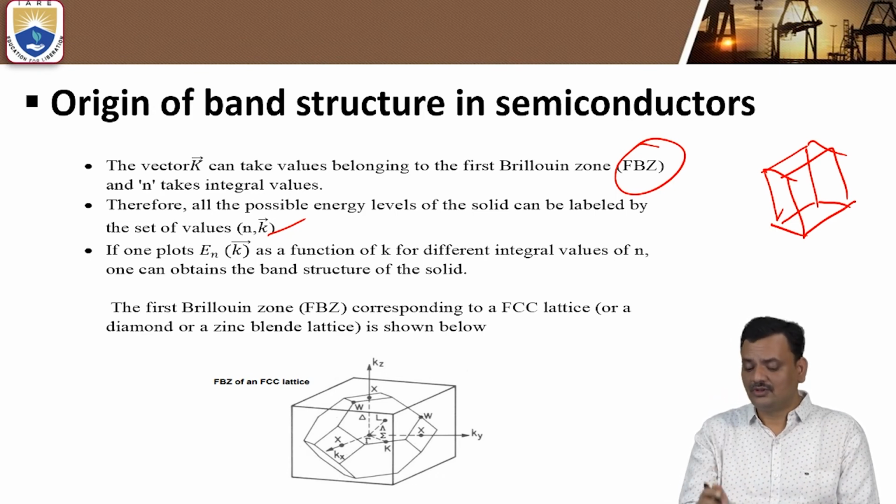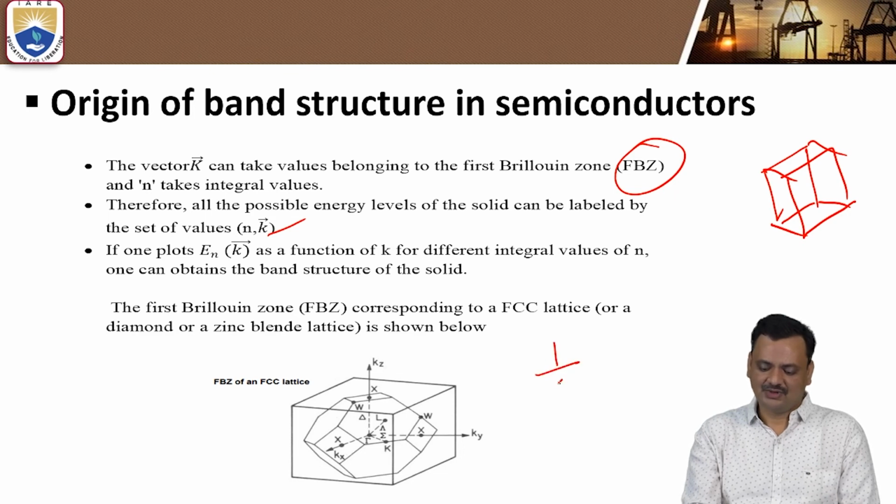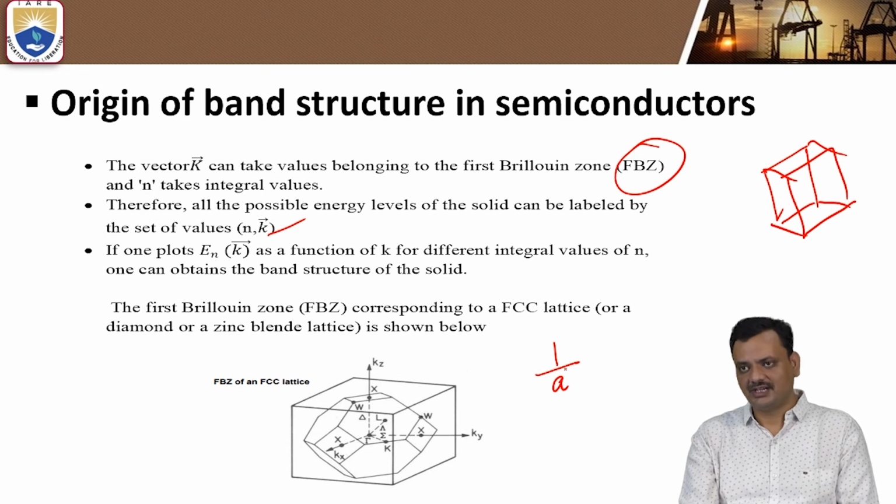And this Brillouin zone is the inverse of the lattice constant a, that is, 1 by a.